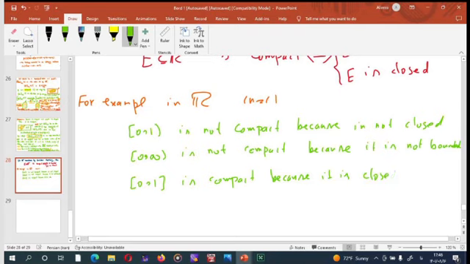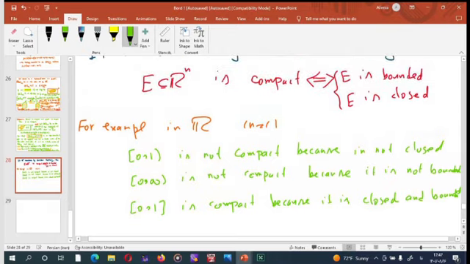Closed and bounded, okay? So this is the Heine-Borel theorem. This is very, very important. A subset of Rn is compact if and only if E is bounded and E is closed. Both of these.